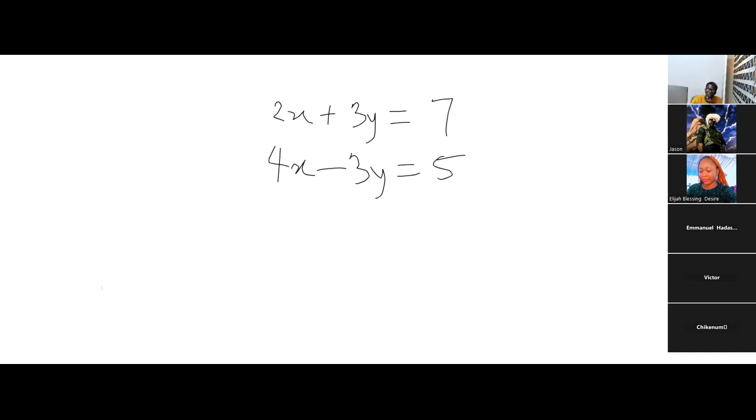And there are types of solutions: you get one solution, or no solution, or infinite solutions. To solve a set of linear equations, you either solve them graphically, or use the substitution method, elimination method, or matrix method. We have practiced the graphical method today, and by the time we meet next time, we are going to use the substitution method. God bless you.